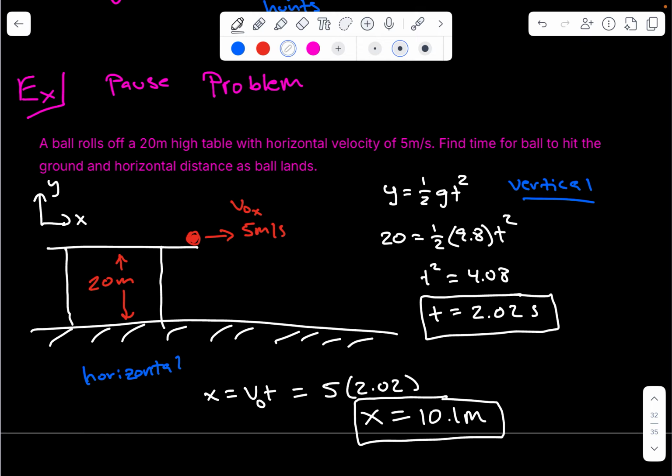So notice how we used vertical motion to find time, and then we used time to find horizontal motion. So that's kind of where the scavenger hunt comes in. If you noticed this formula first, you might have been like, oh, I have two unknowns, right? But you found this formula that allowed you to solve for time, that then allowed you to solve for here.